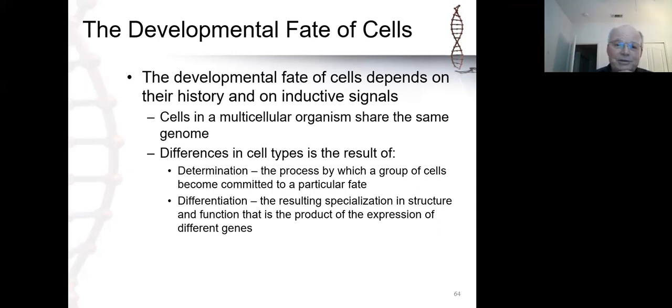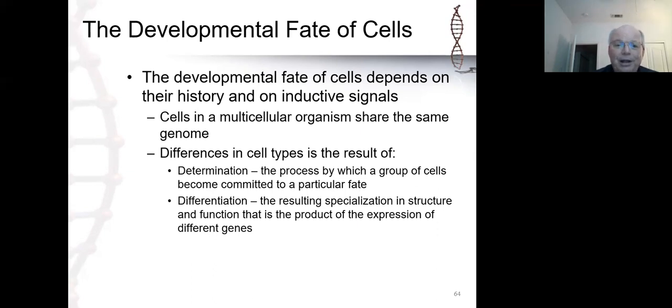And why this is important is because every different type of cell, and there are 220 different types of cells in your body, for instance, is that type of cell because it uses only a subset of the total number of genes in the genome.